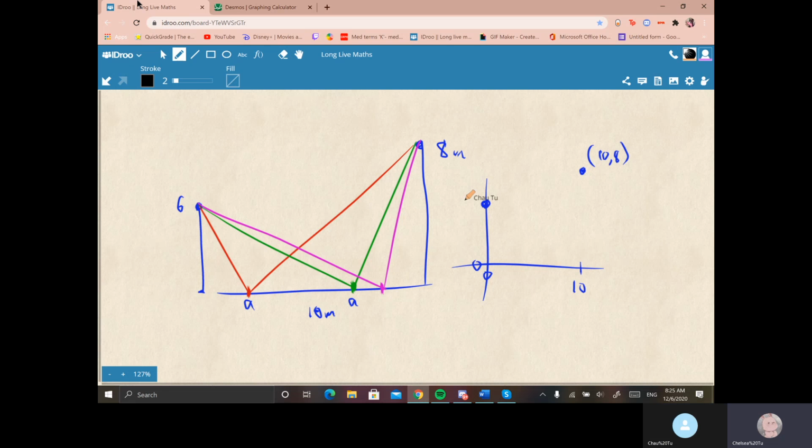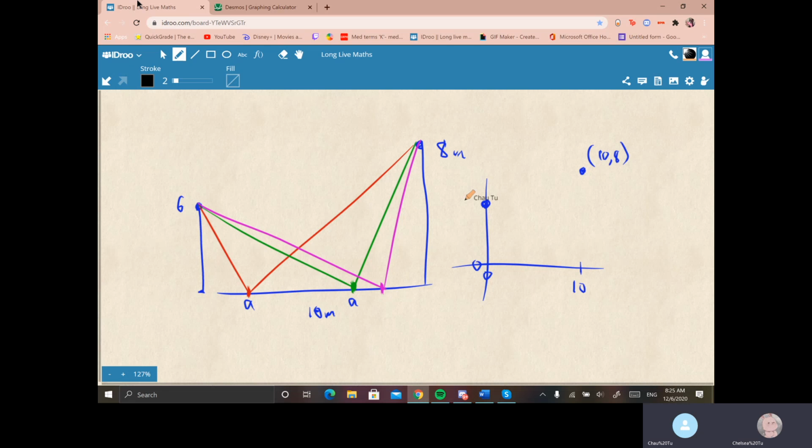It cannot be negative. So can I make A be 1 million? It could not be longer than 10. Yeah, so it's between 0 and 10.